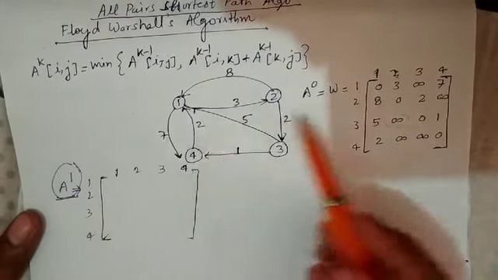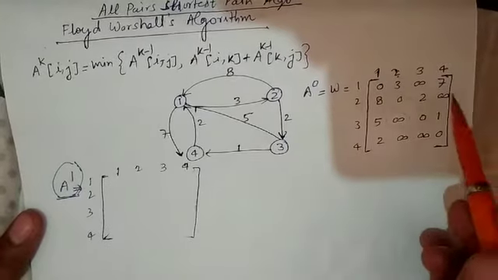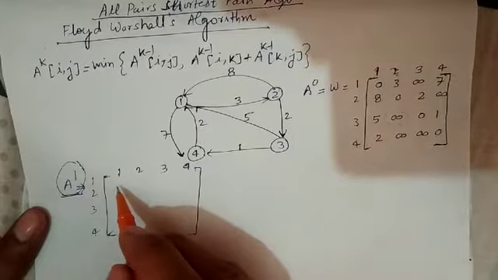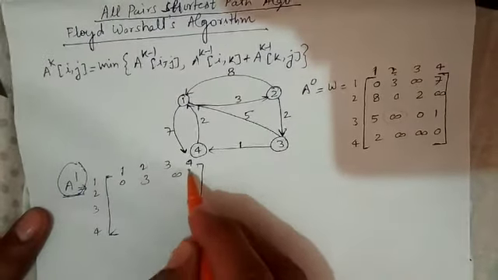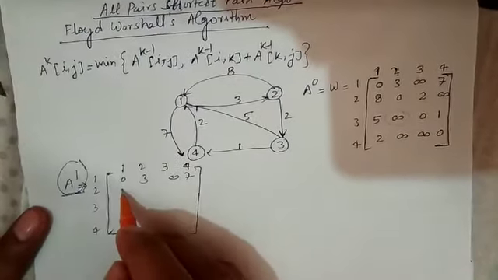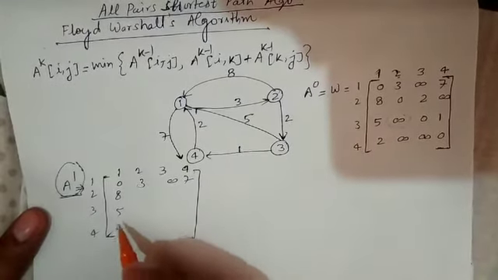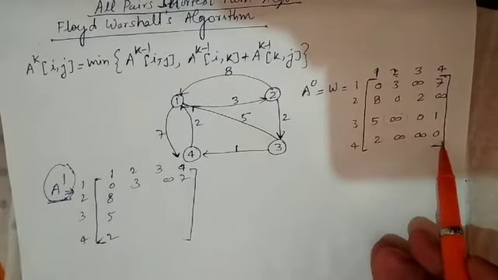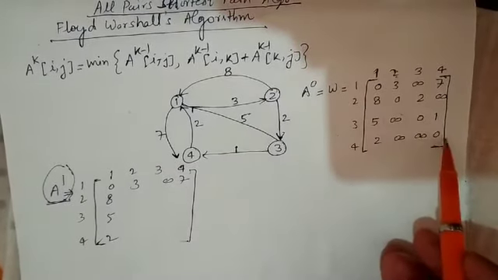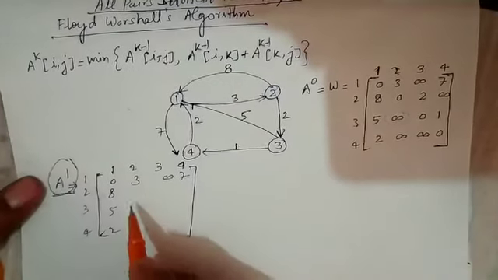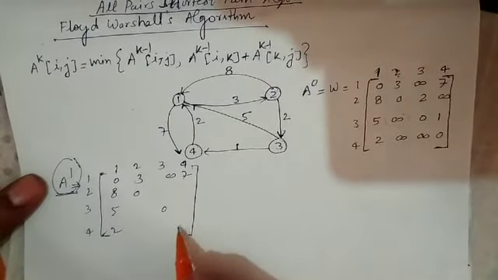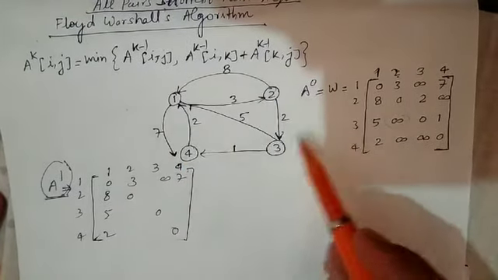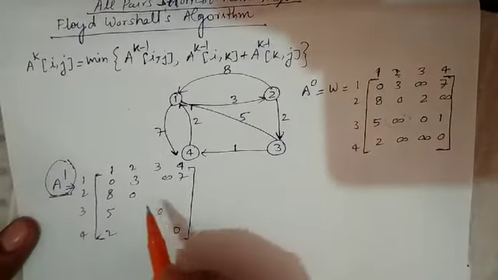In the previous matrix the first row is 0, 3, infinite, 7, and the first column is 0, 8, 5 and 2. They will be the same. All the diagonal values are 0, which means there is no self loop for any vertex. Now we have to calculate all the other values.